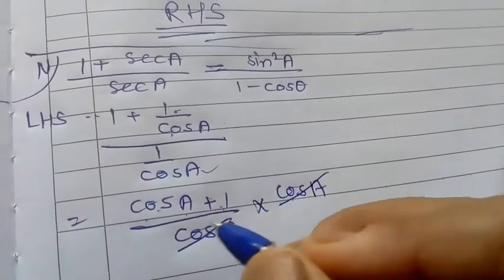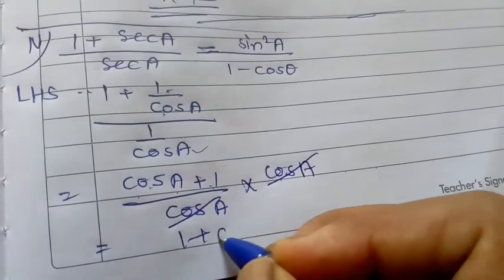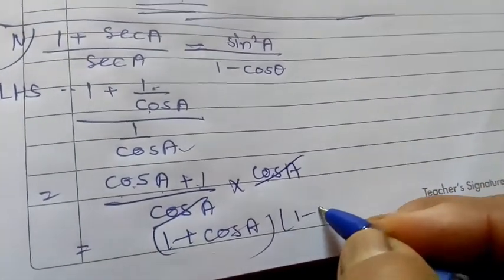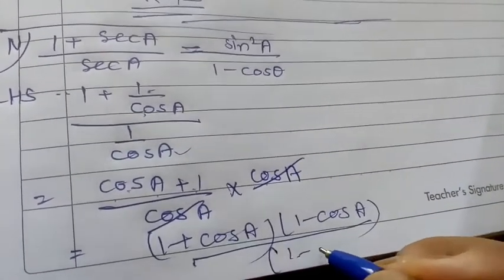If we simply multiply 1 minus cos a in numerator and denominator, 1 plus cos a into 1 minus cos a, and denominator 1 minus cos a.